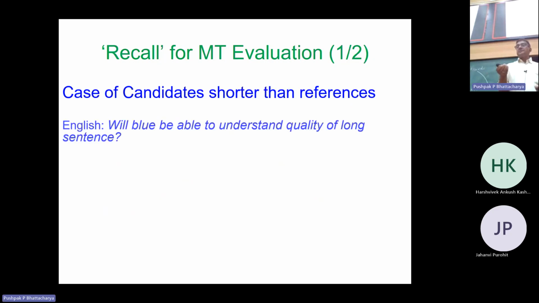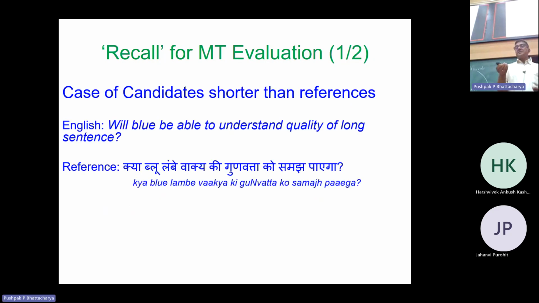Now recall. We discussed precision. Precision is the number of correct n-grams divided by the total number of n-grams. Recall. The case of candidate shorter than reference. Now you see another interesting phenomenon appearing. Will BLEU be able to understand the quality of long sentences? This is the English sentence. The Hindi sentence is: क्या BLEU लंबे वाक्य की गुणवत्ता को समझ पाएगा?